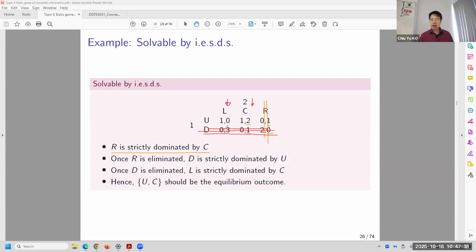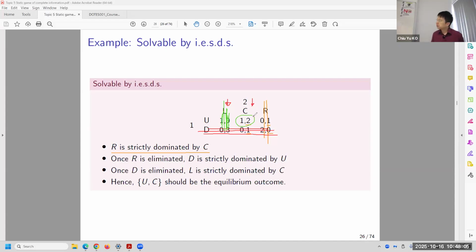And of course he's not stupid, he will not choose R. And player 2 knows player 1 has already known player 2 is not stupid. So that means that L will not be chosen as well, because player 1 is not going to choose D, right? And player 1 can just think about U is the only thing player 1 is doing. So this is the only outcome.